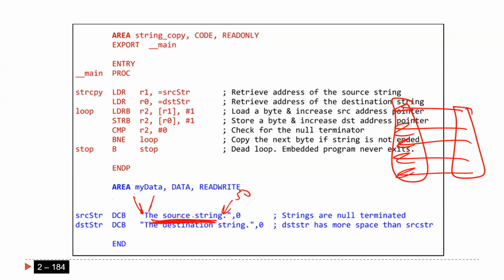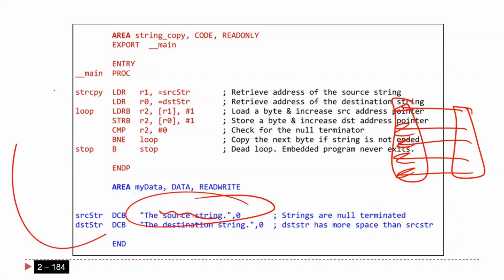So that is why there is another way that can work for any length: you can just look for the delimiter. I told you every string has to end with a delimiter, which is 0. You got what I'm saying? And that's what I'm asking you to do in one task in tomorrow's lab. If I look for the delimiter, even if I change this one, your program is still going to work without any modification.